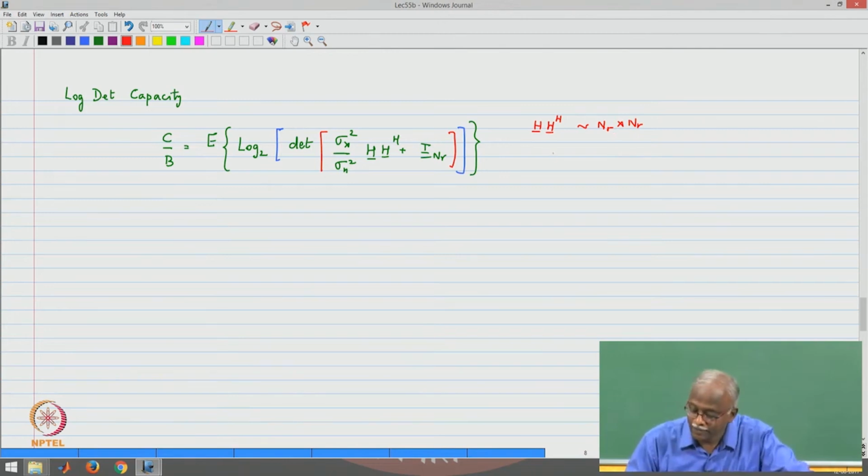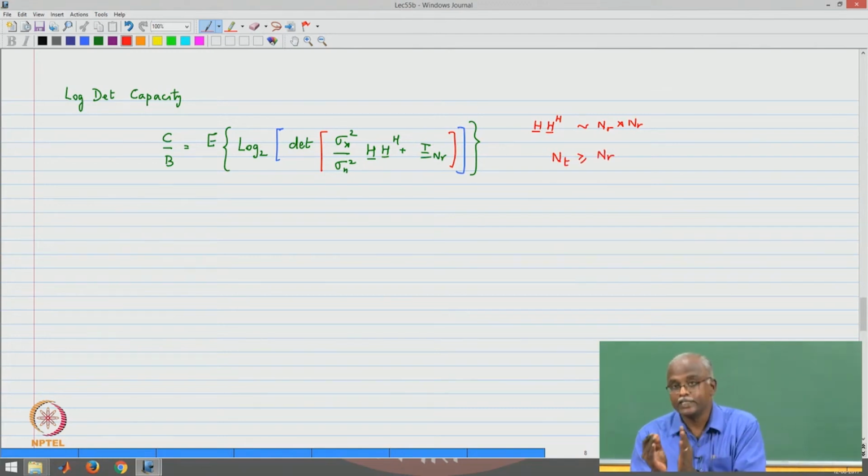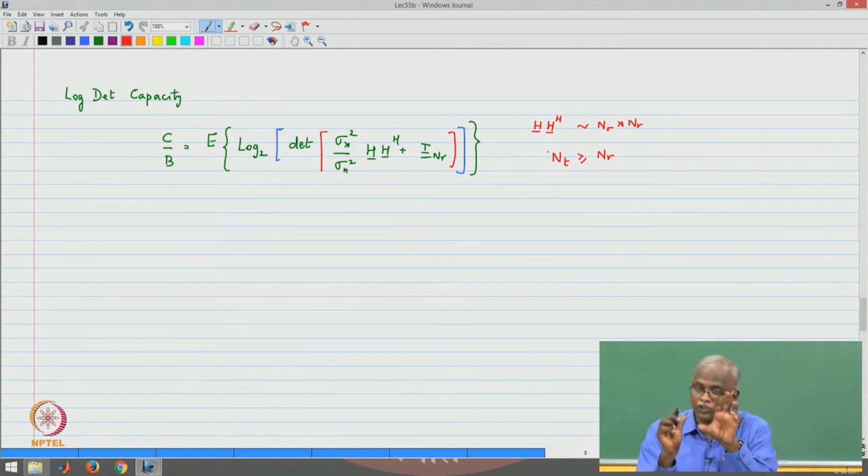This will happen when NT is greater than or equal to NR, because in that case NR is the smaller dimension, and that is going to be the limiting case in terms of the number of non-zero singular values. Therefore H H Hermitian, which is NR cross NR, is a good expression for us to work with.